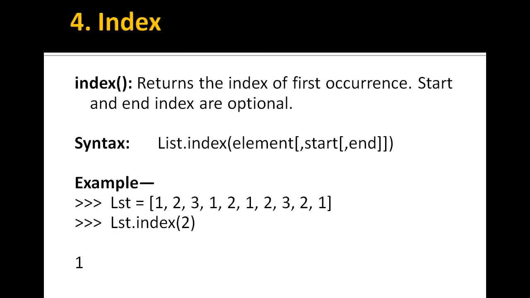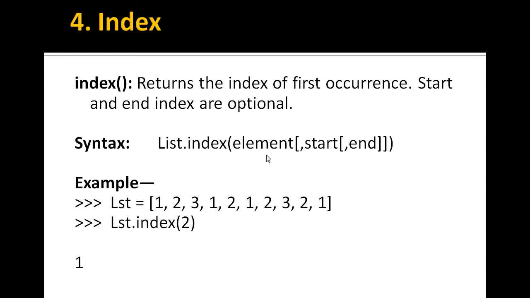Index method is used to get the occurrence of any object in the list. For example, if in this list you want to get the index, the position of any of the elements in this list, you can call index. It will return the first occurrence of that value.